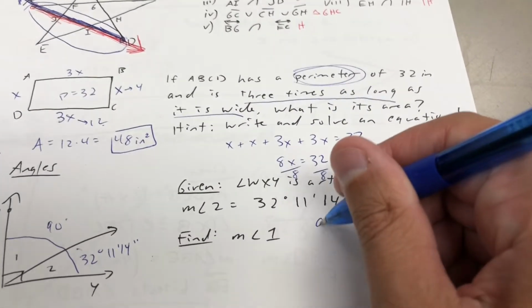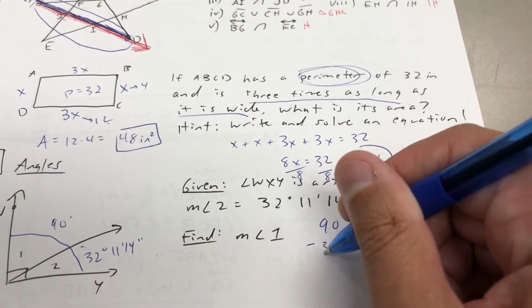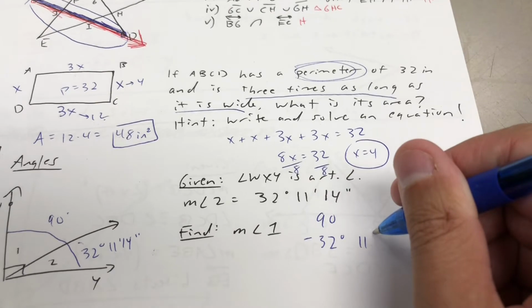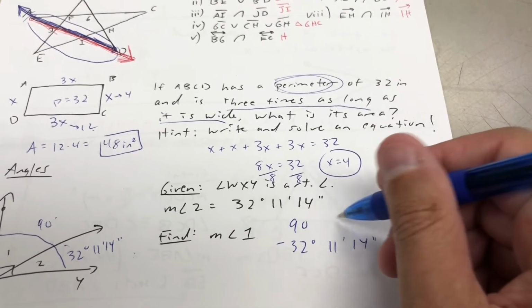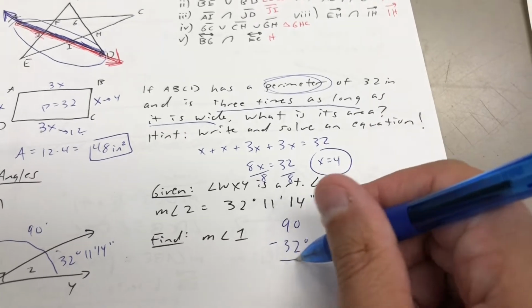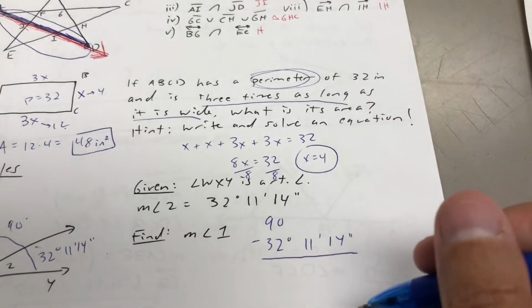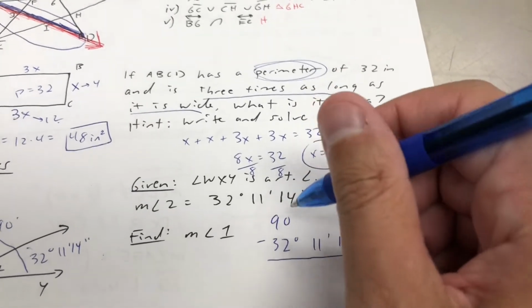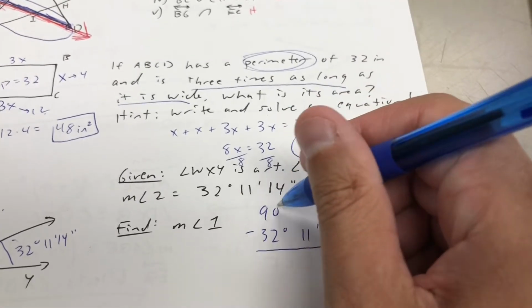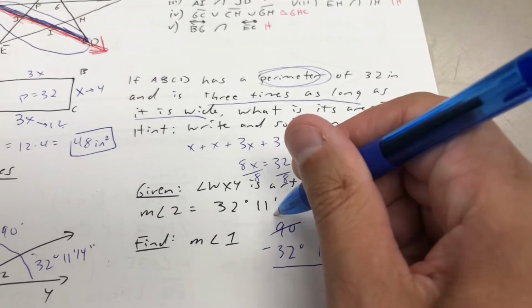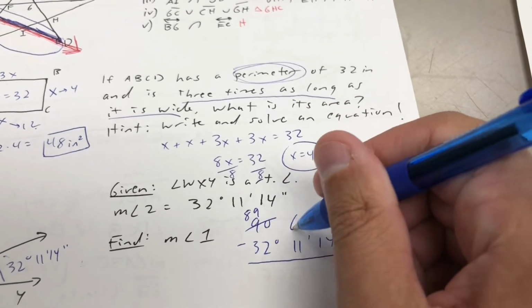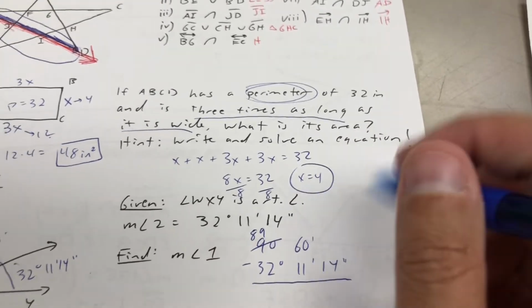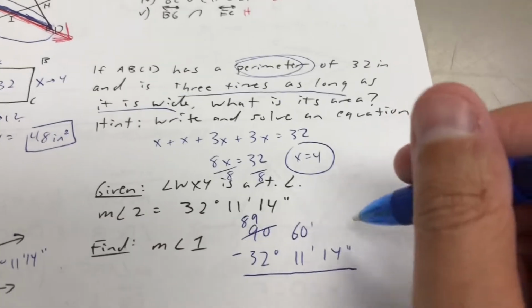So we're going to be taking 90 minus 32 degrees, 11 minutes, and 14 seconds. Now, I don't want to have a 0 here and a 0 here and subtract and have some negative values in my expression here. So remember, you can borrow a degree. I can drop this down to 89 degrees. 1 degree is equal to 60 minutes, and I can bring that over here, okay? And I can do exactly the same thing here.